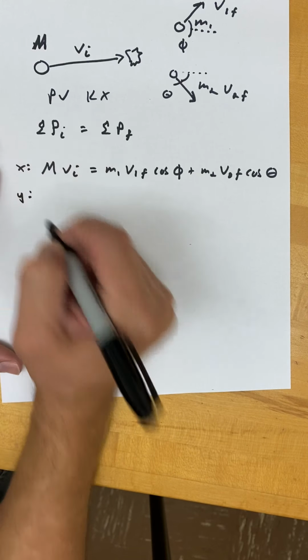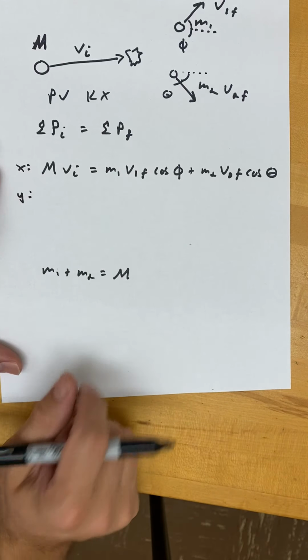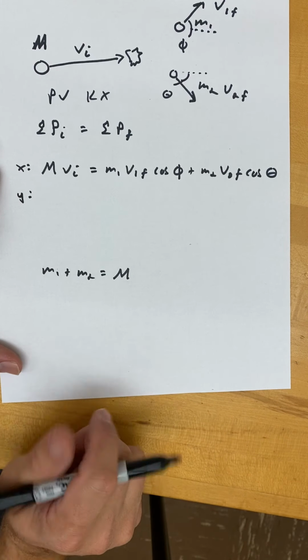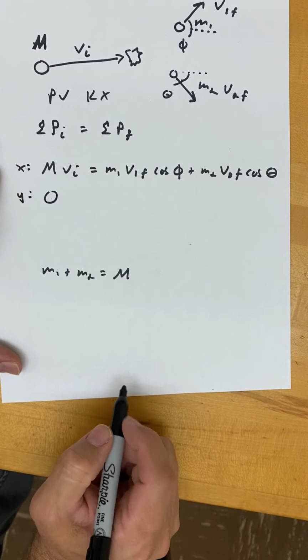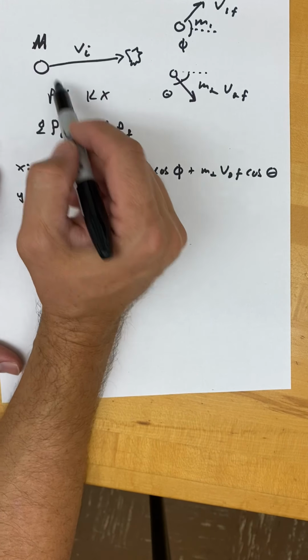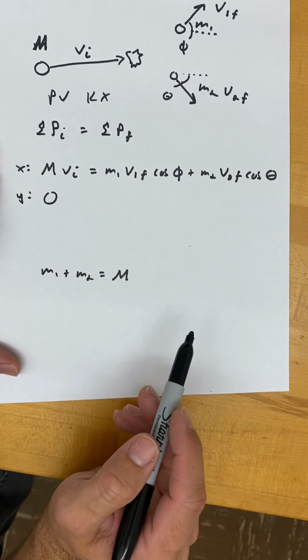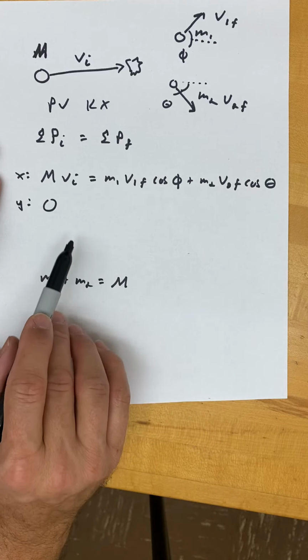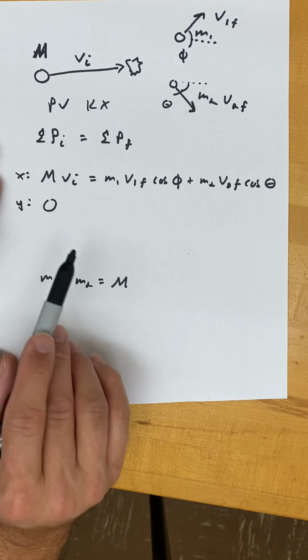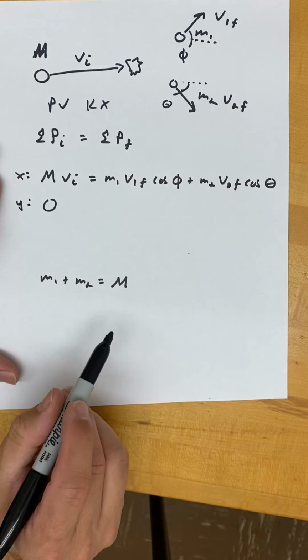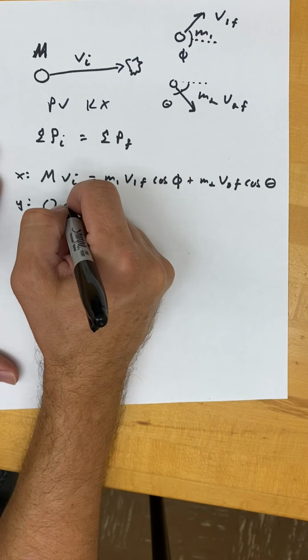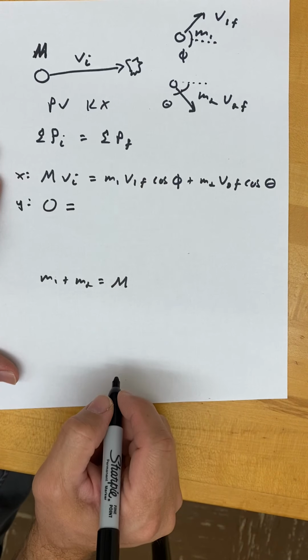In the Y direction, what do I have before the explosion? Well, I've got a grand total of nothing, right? There's no momentum in the Y direction. This thing is moving horizontally. So if there's no momentum in the Y direction before, there has to be no momentum in the Y direction after, barring any external impulses.